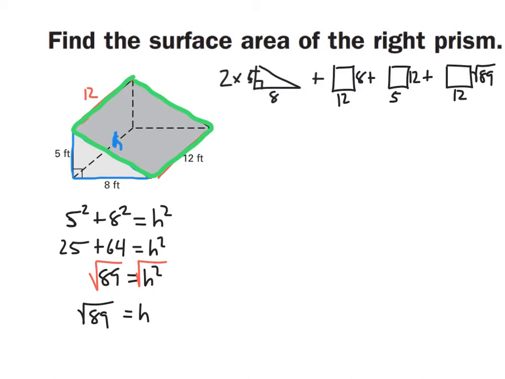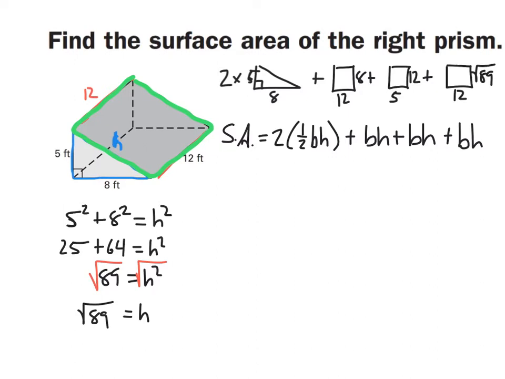Now we can go ahead and write our equation. So the surface area is going to be 2 times the area of a triangle, 1/2 base times height, plus 3 rectangles. So base times height plus base times height plus base times height. And those are 3 different sized rectangles, right?